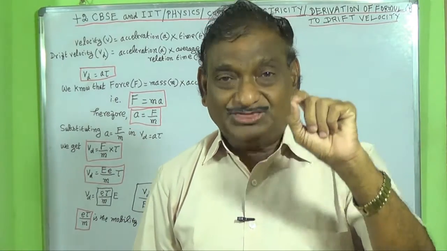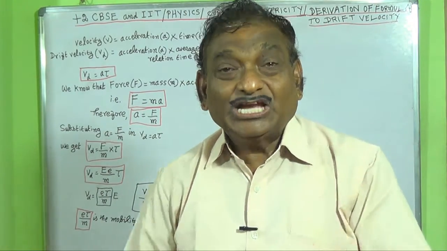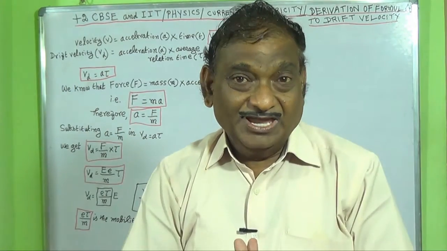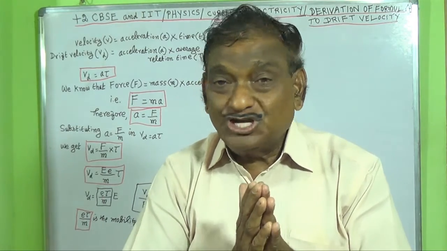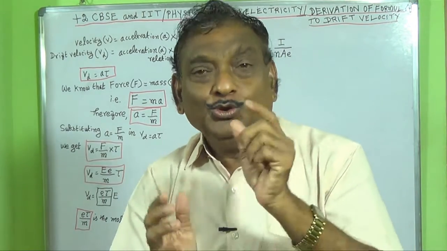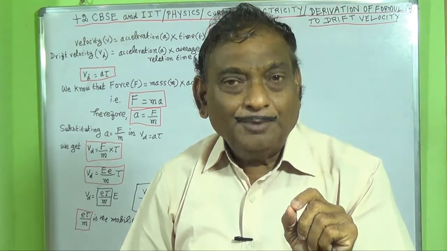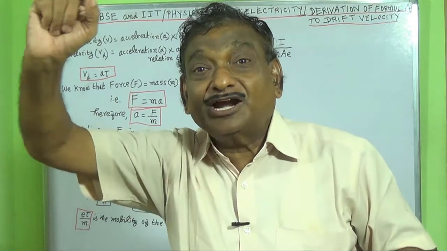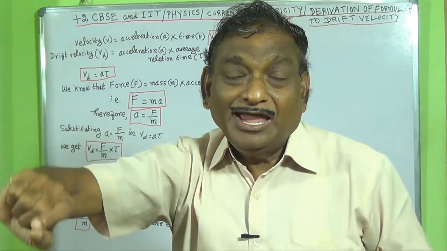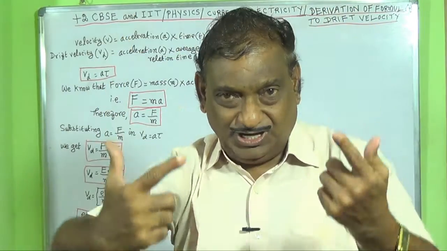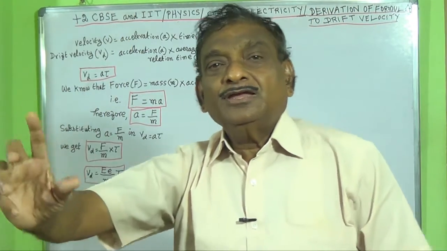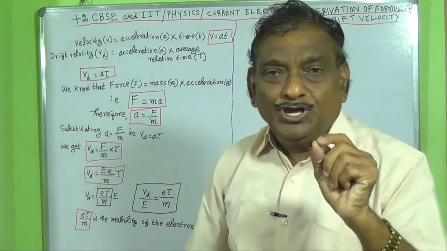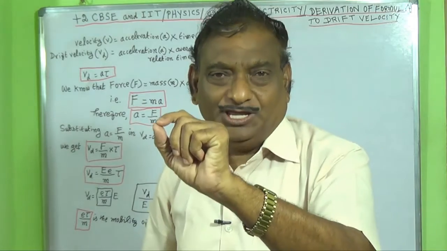Electric field is the force experienced by a unit positive charge. Here the force is experienced by the charge of an electron, so we multiply the electric field with the charge of an electron e. So we get F equal to E into e.